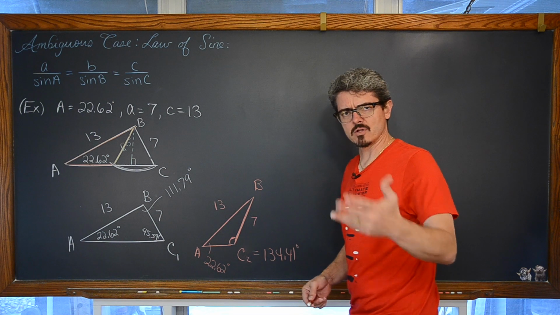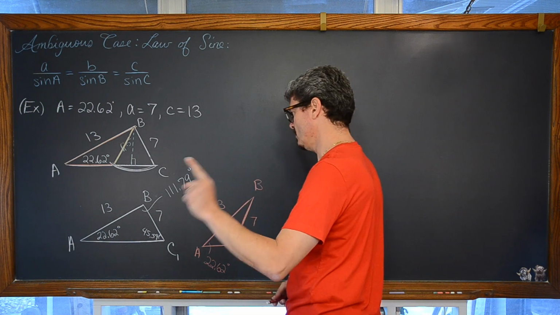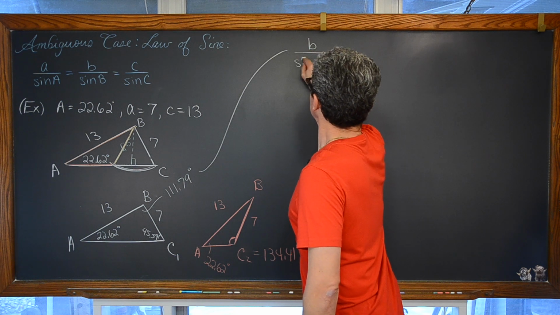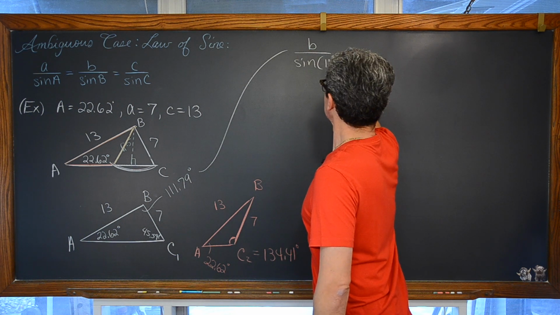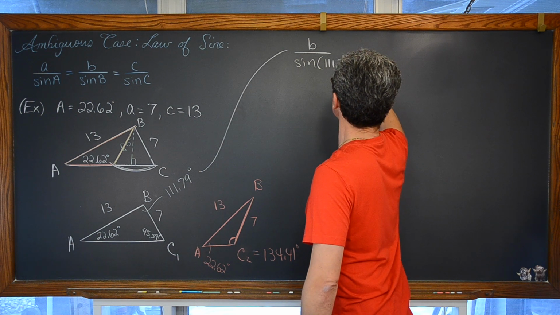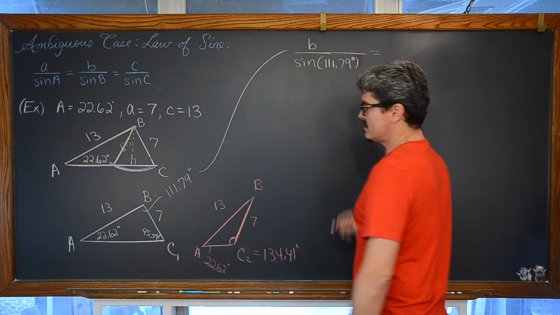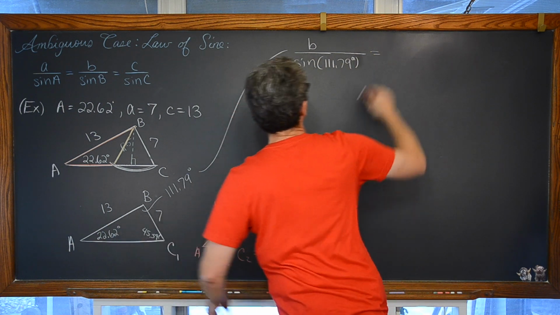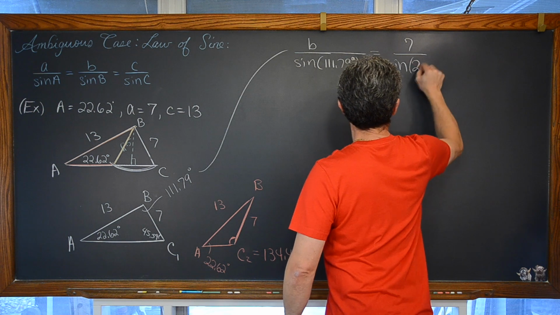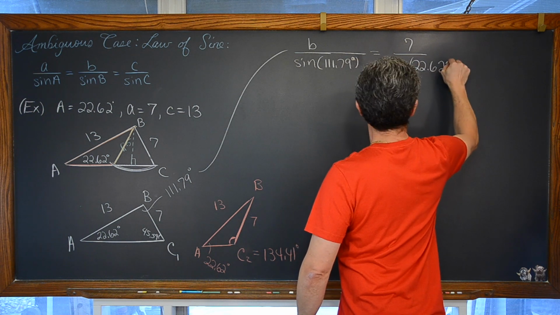My book introduces law of sine before law of cosine, so we're going to say that B over the sine of 111.79 (you could also do law of cosine if you know it) is equal to 7 over the sine of 22.62 degrees.